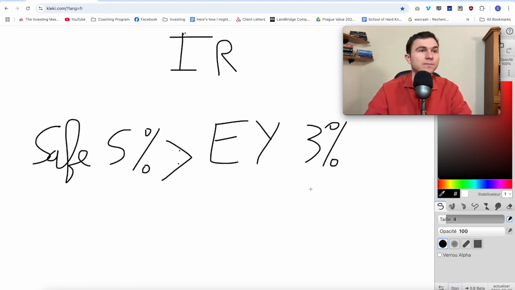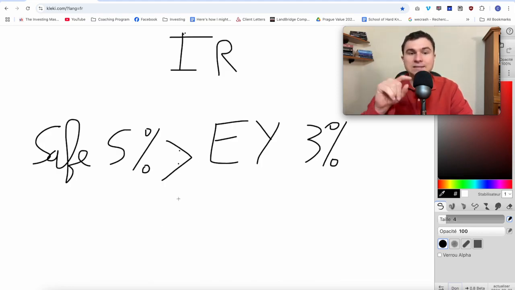Some people are near retirement and don't want to be at risk with stocks. They want to play safe. So they sell out of stocks and they go into the safe 5%. Some people just prefer to have a 5% yield and sleep well at night. We are humans after all. We want to avoid stressful situations, and some people prefer this.